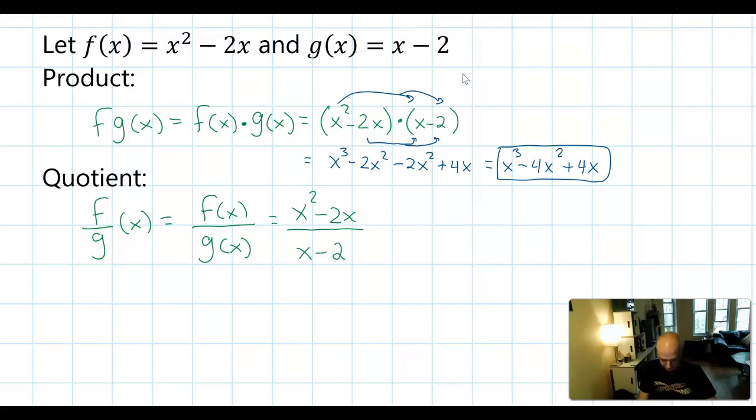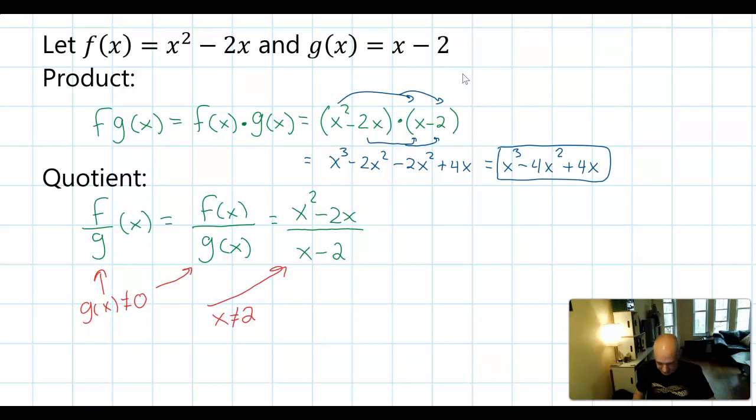I want to make a quick note, once I've set this up, that we do have a restricted value. So when you're doing quotients, you also need g of x to not be 0, just to create the correct domain. In this case, what would make g of x 0 is if x is equal to 2. So I need to set the restriction that x should not equal 2. From there, I can simplify.